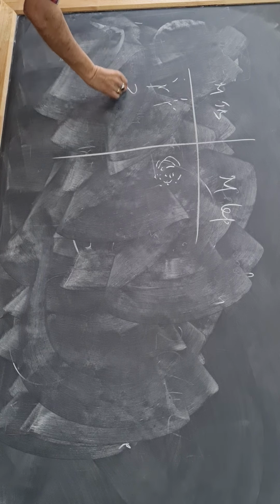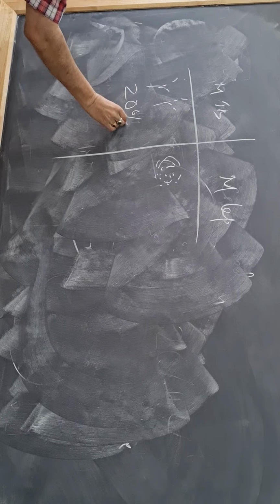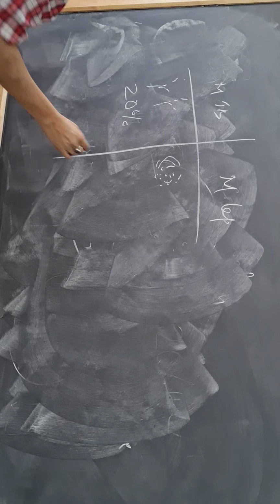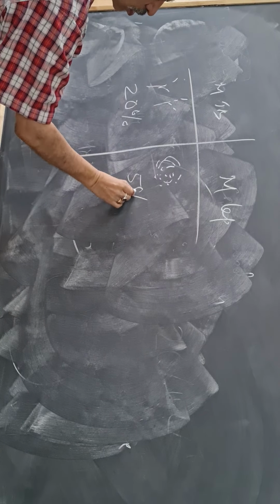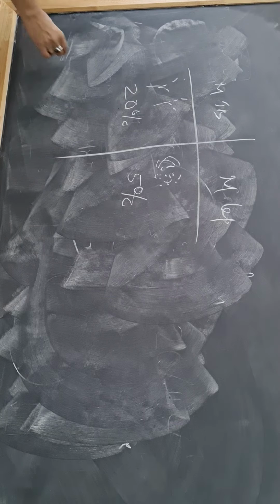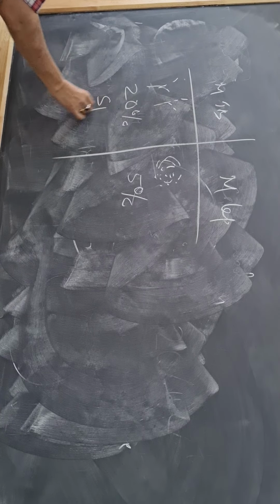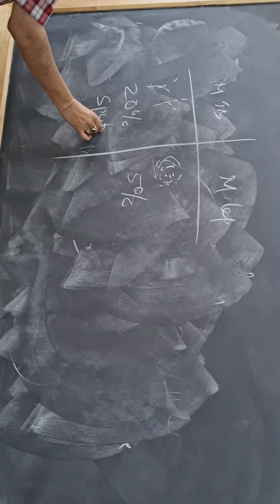It's called cigar bundle appearance. Mycobacterium tuberculosis is 20% acid fast, whereas Mycobacterium leprae is 5% acid fast.